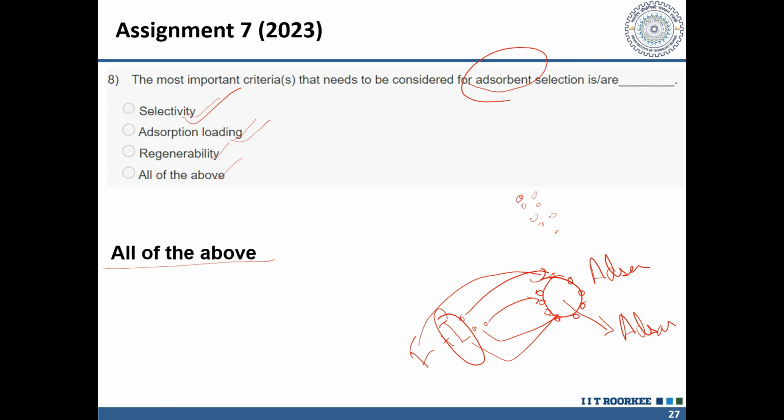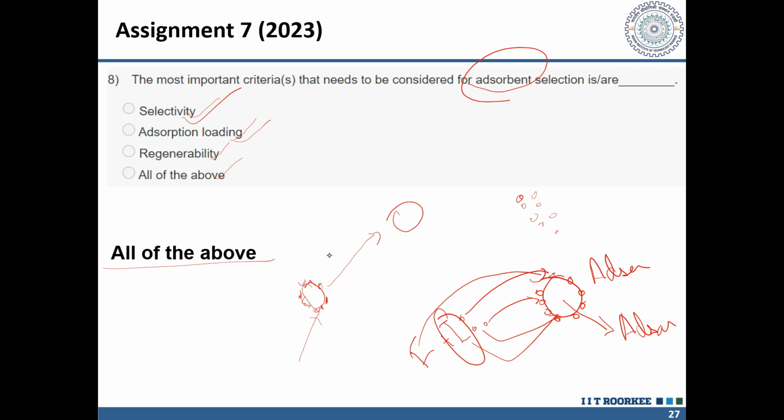Let's say that we have a carbon with lots of impurities. We have used it fully, and it is completely filled with the impurities. Now we can recycle this and reuse it again so that we can get a pure adsorbent.